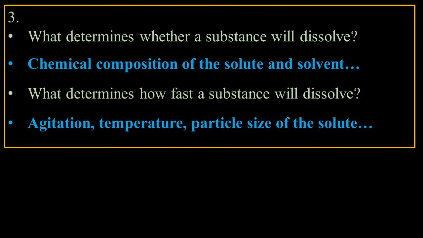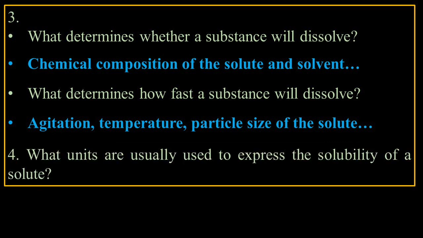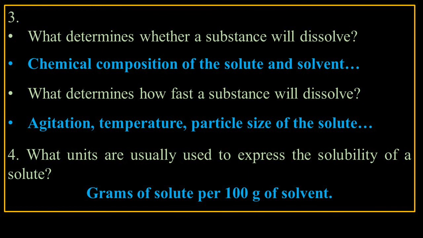Temperature, surface area, agitation, particle size, all very good. Then it says, what units are usually used to express solubility of a solute? A variety of units are used. Right now, we're using grams per 100 grams of solvent.